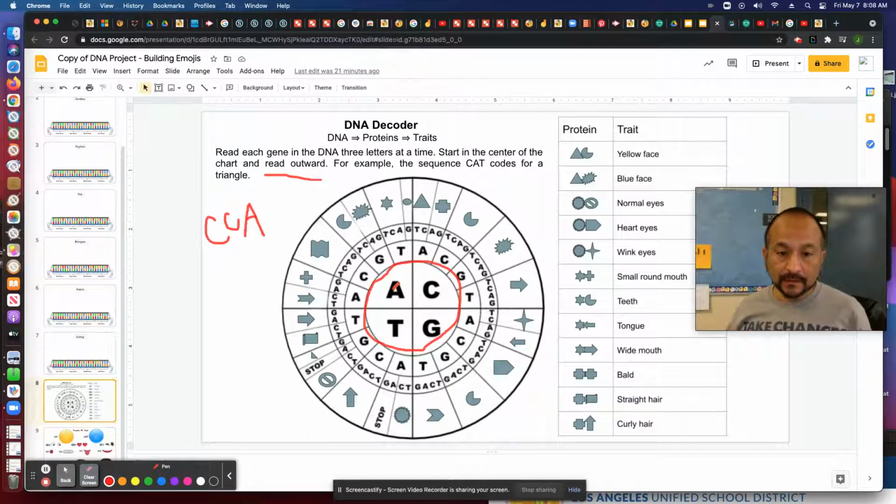So here's A, here's T, here's C, here's G. I'm locating C first. C, there it is. So now I'm only focused on this area.